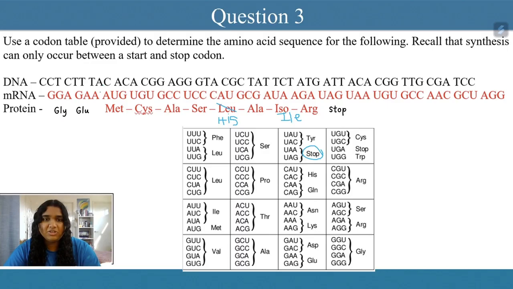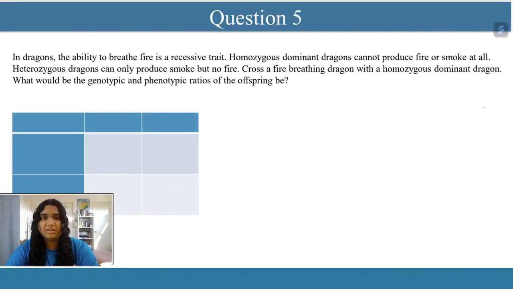So you only need to translate this from start, which is met, to stop codon, and then this continuation of the protein sequence does not need to be translated for you to get the correct mark for this question.